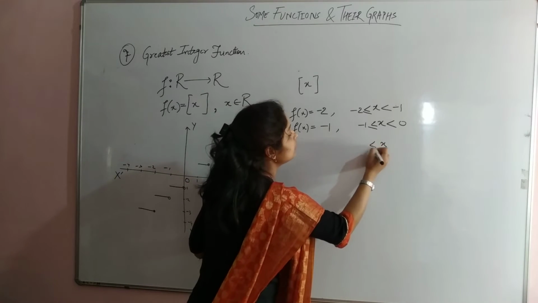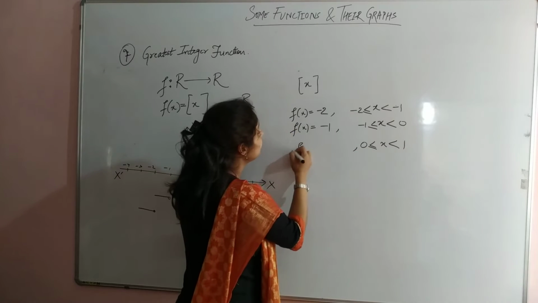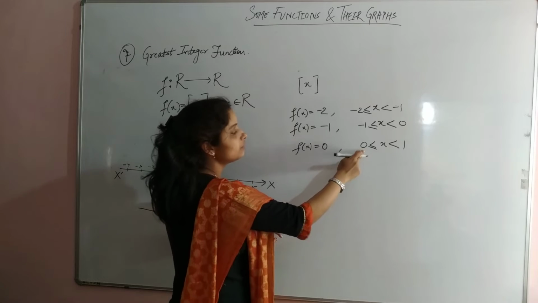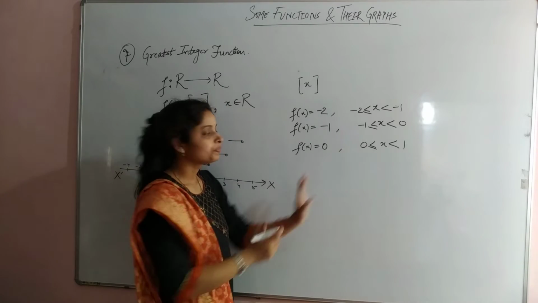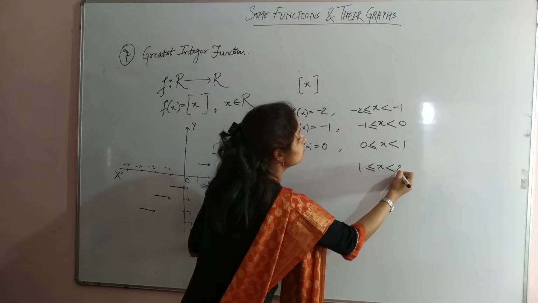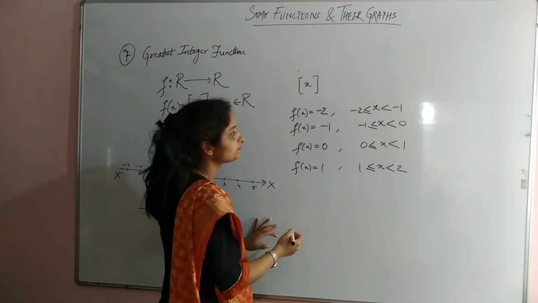If x is greater than or equal to 0 but less than 1, the f(x) value is fixed, that is 0, the left value, the left side of this x coordinate. Similarly, if x is greater than or equal to 1 but less than 2, then f(x) is always equal to 1.